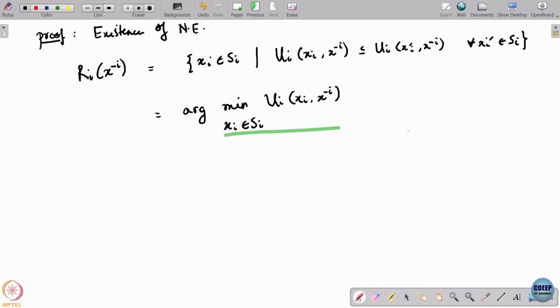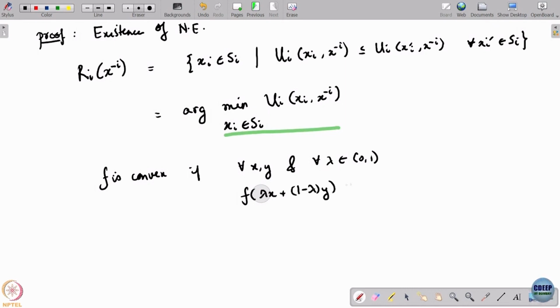Now, what is a strictly convex function? A function f is convex if for all x, y and for all lambda in (0,1), f of lambda x plus (1 minus lambda) y is less than or equal to lambda f(x) plus (1 minus lambda) f(y).